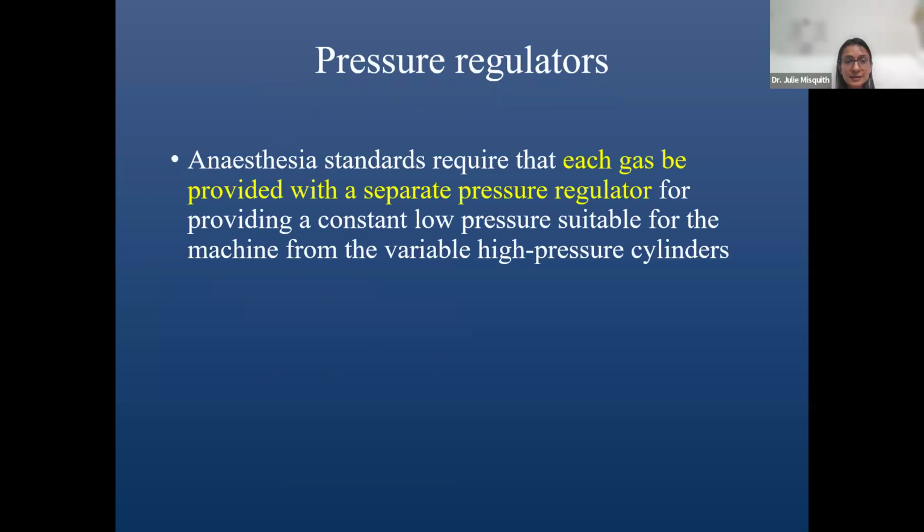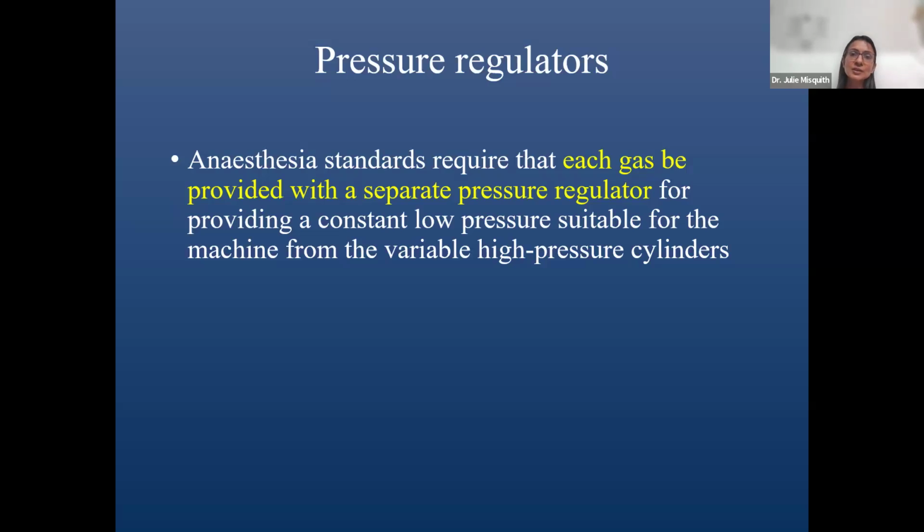Now, anesthesia standards require that each gas be provided with a separate pressure regulator for providing a constant low pressure suitable for the machine from the variable high pressure cylinders. This helps in providing a smooth, constant flow of gas irrespective of fluctuations in pipeline pressures due to peak and trough demands in the system.